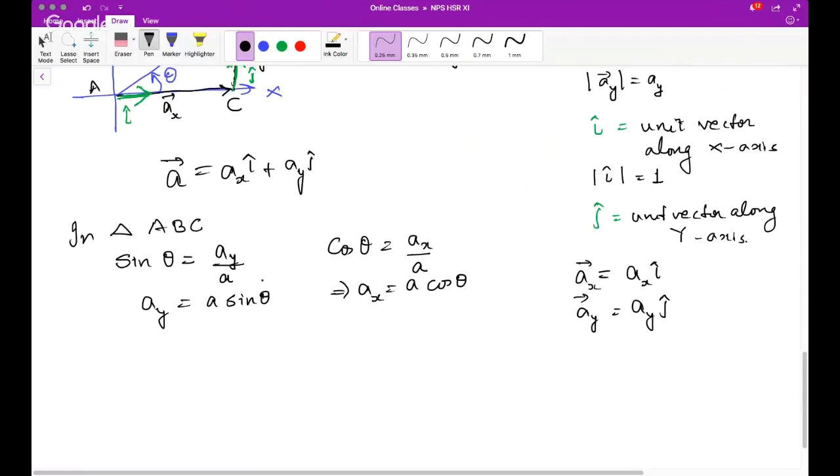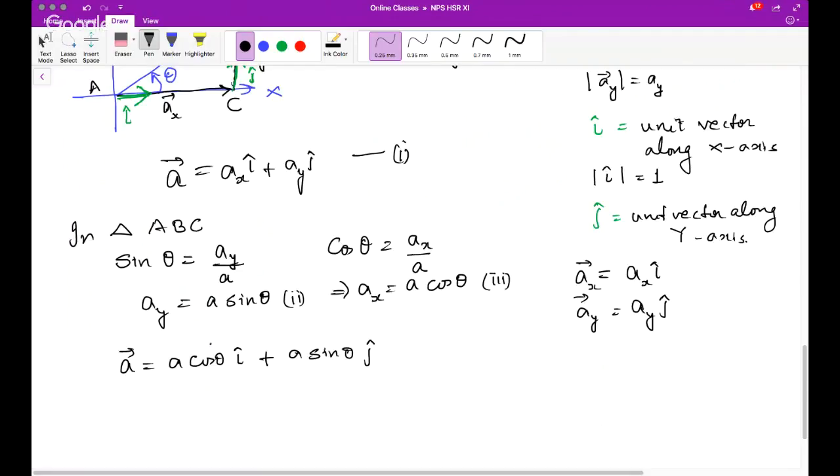So what do we get now? If we club all these together, from 1, 2 and 3, what can we say? We can say that vector A is A cos theta i plus A sine theta j.